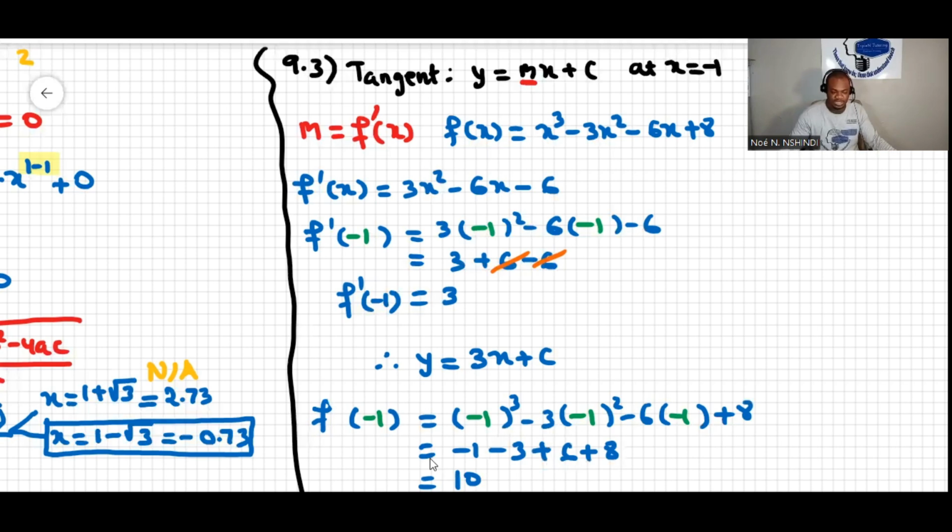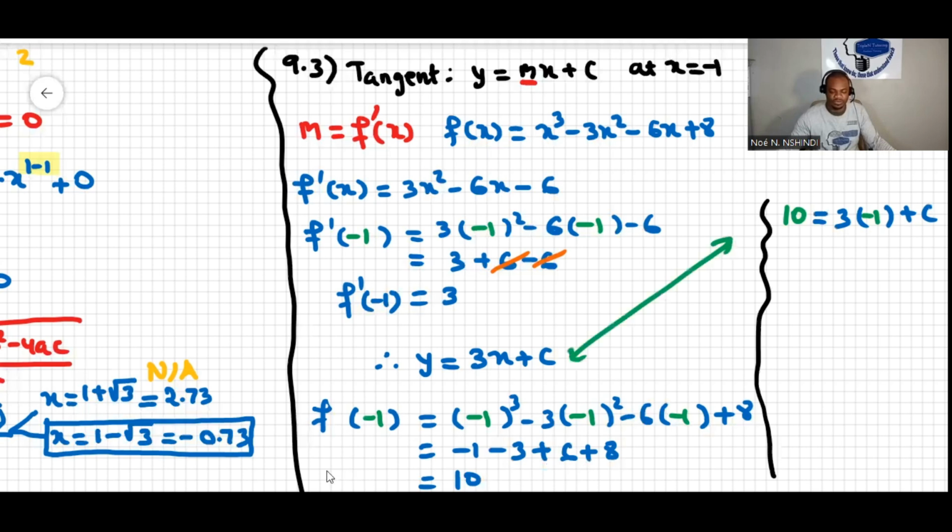Therefore, this is how I can find c. I sub in 10 for y, equal to 3x plus c, where x is negative 1.